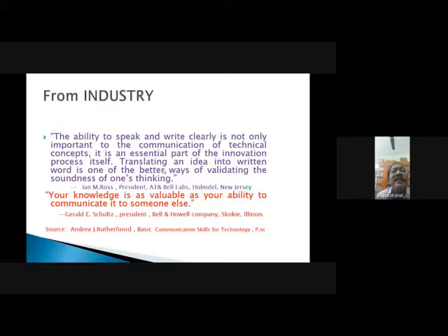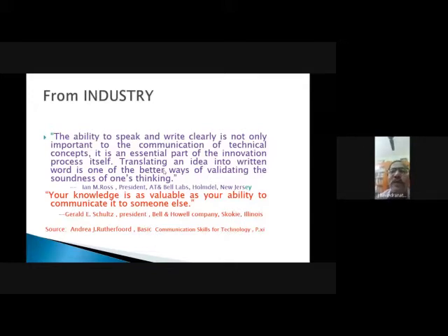So nowadays the industry, look at this quote, right? What does the industry say regarding communication skills? I.M. Ross, President of AT&T Bell Labs, says the ability to speak and write clearly is not only important to the communication of technical concepts, it is an essential part of the innovation process itself.